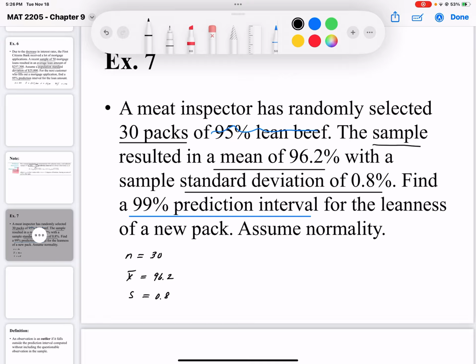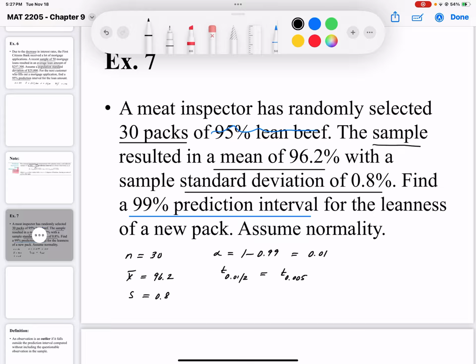Well, look how we've done this the same way every single time. I find my alpha, which is 1 minus 0.99, which gives us 0.01, and then we need t sub alpha divided by 2, which is t sub 0.005.